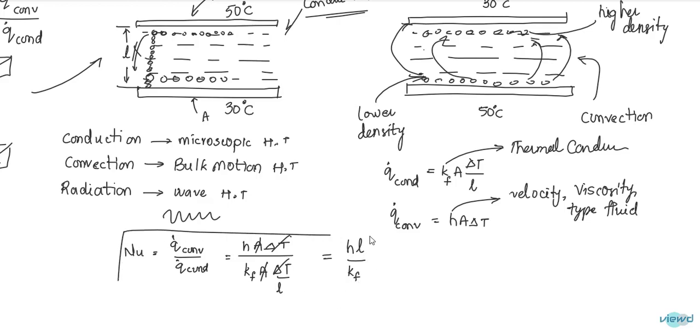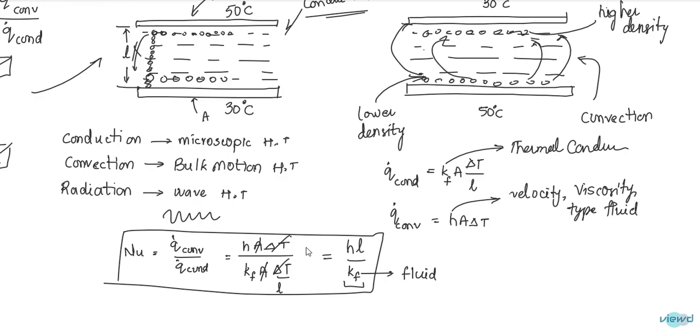So this is the Nusselt number, H L by Kf. This K is of the fluid, not of the solid plate. In the Nusselt number, Kf is the thermal conductivity of the fluid.